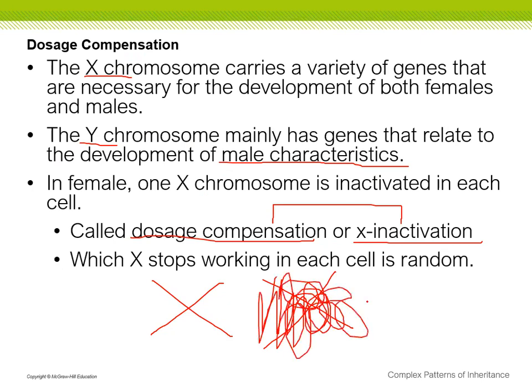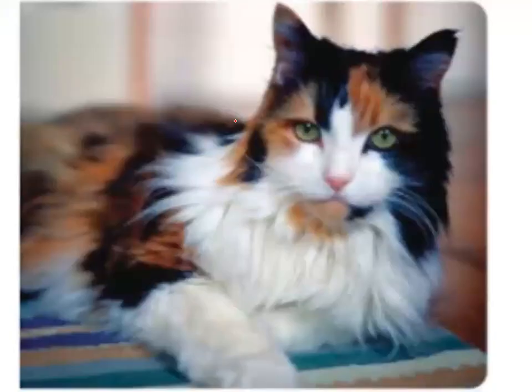Sometimes that might affect what the animal looks like. One example is a calico cat. Look at all the black parts of this female cat. The gene responsible for that color turned off. Maybe it was supposed to be orange or white or brown, but because it got deactivated, it just came out as black.